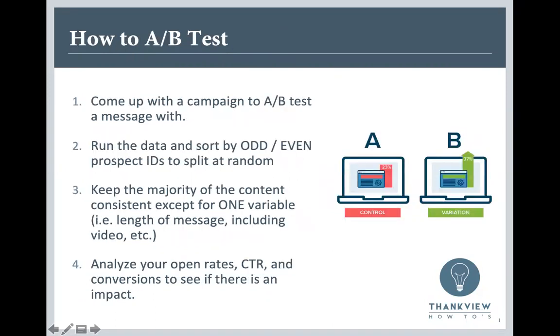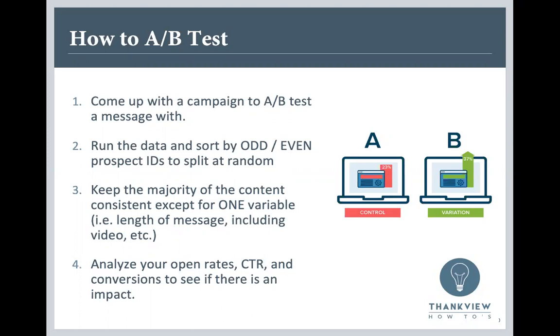And we'll move on to A/B testing now. So for those of you who are new to A/B testing, or maybe your role isn't completely in overseeing and executing email campaigns, it's really easy to do an A/B test. First, you're going to want to come up with a campaign to A/B test a message with.